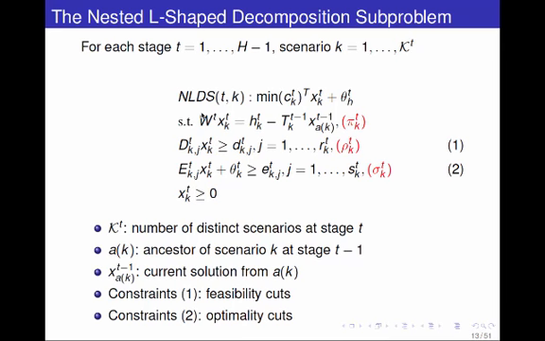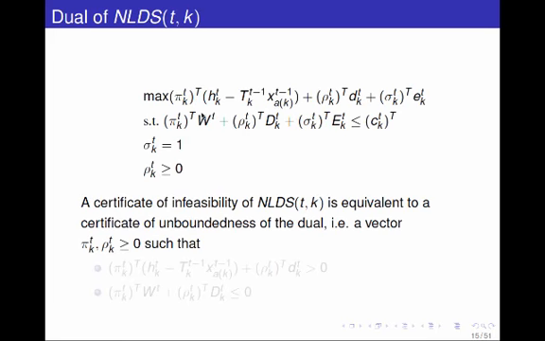So, let's start from the easy stuff. What I want you to be thinking of right now is what happens with the dual multipliers if I get an x from the previous time period that makes the current period NLDS infeasible.